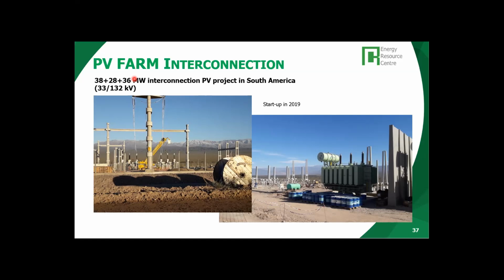Then you need to elevate to 132 kilovolts to transport and evacuate the energy to the substation of the operator. So different requirements, different situations on the site, and we need to adapt the design of each PV farm to the given conditions of each site and the given situation of the last substation on the grid.